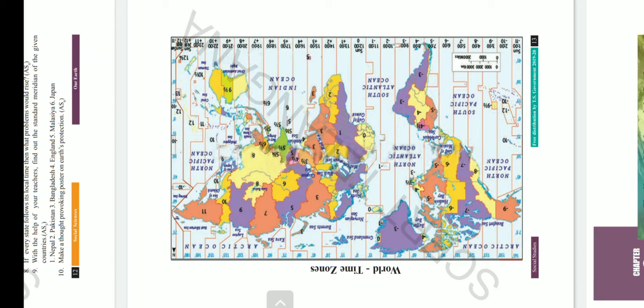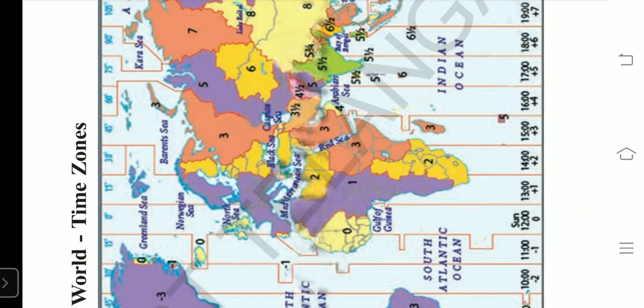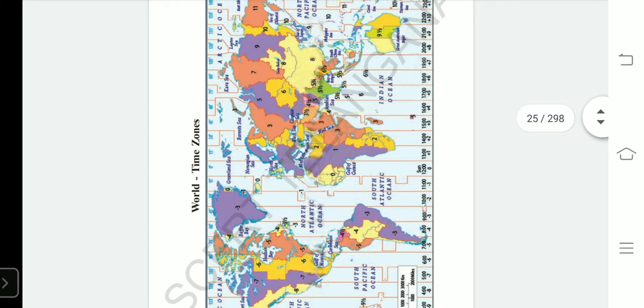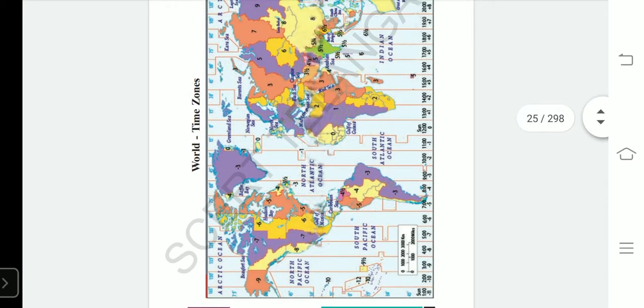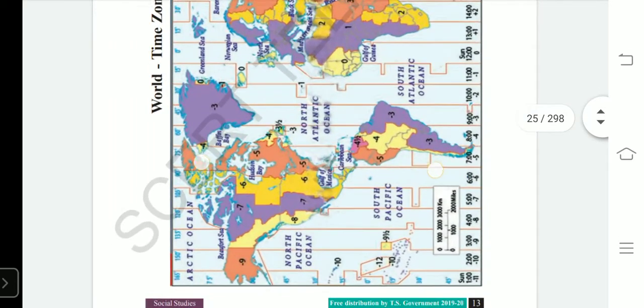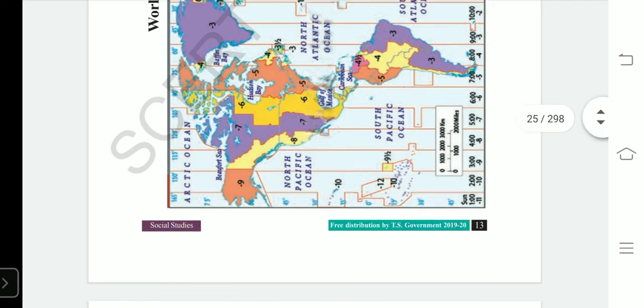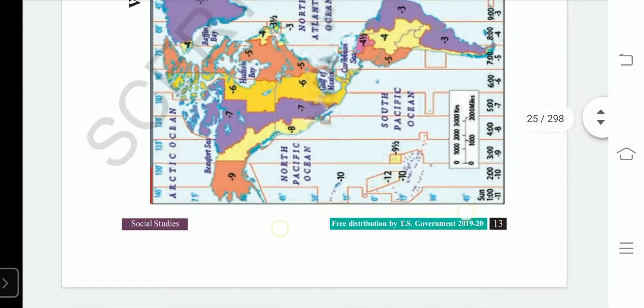Okay dear students, I'm taking this one. Okay, look at that. This is the time zones in our world. There are 24 time zones. For every 15 longitudes, it is 1 hour, right?